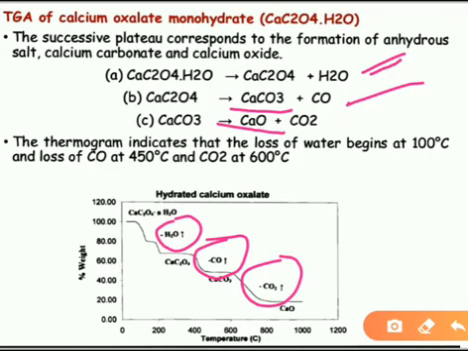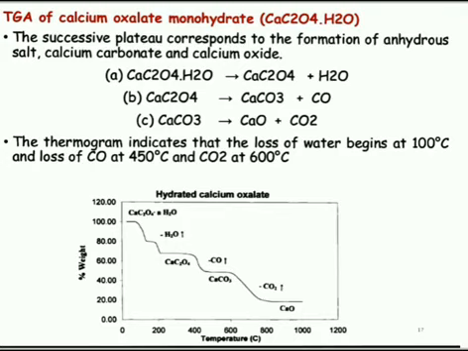So here we know the temperature changes as well as the weight loss of the substance, that is calcium oxalate monohydrate. By plotting the graph between these, we can characterize the calcium oxalate monohydrate easily.